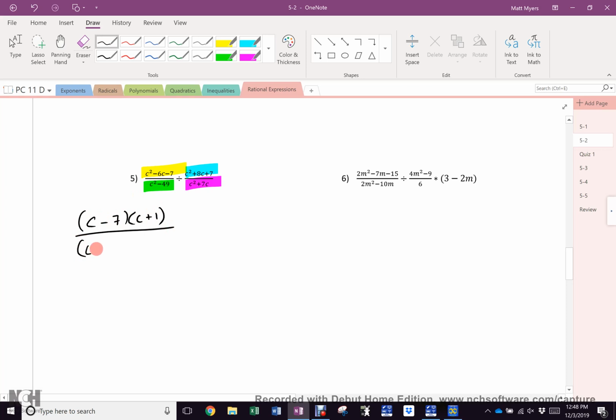C +7, C -7. What does that become? So purple goes up. What is it? And then in brackets you have C +7. And what does blue become? C +1, C +7.